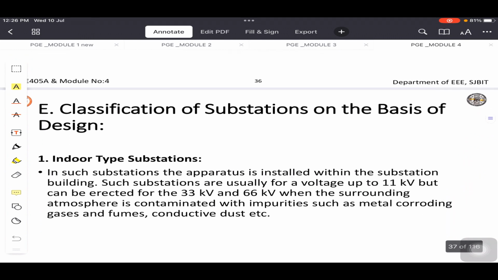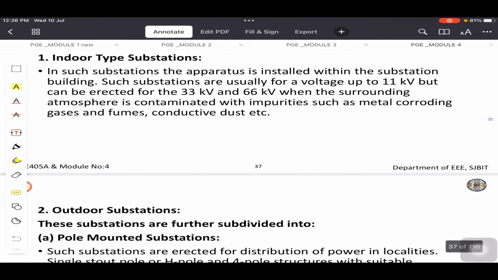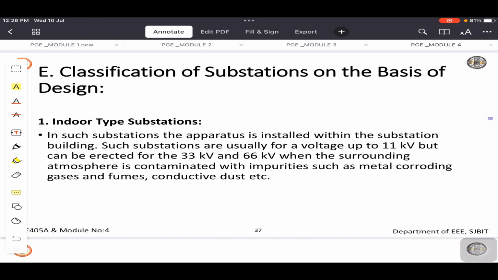And the last one, based on design. There are two types of substation. Based on design, we call them indoor substation and outdoor substation. As the name itself indicates, indoor is within the building or within the structure, and outdoor is exposed. Again, outdoor has two types, pole mounted and foundation mounted.